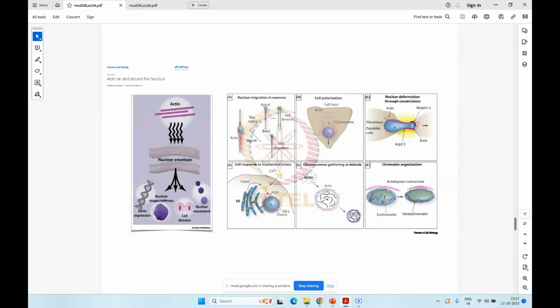It would also affect the division of the cell. It affects how the cells are going to migrate.